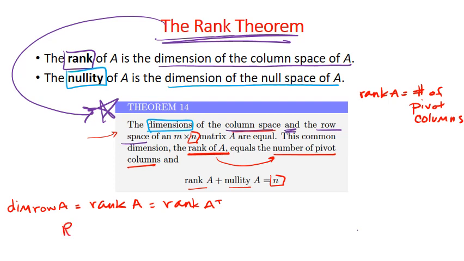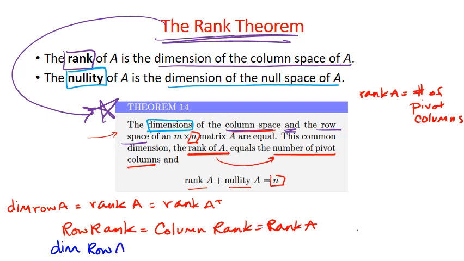So row rank is equal to the column rank is equal to rank A. In other words, the dimension of row A is equal to the dimension of column A is equal to rank A. Okay, so all of these things are the same. You are going to want to use this information in several homework questions, so keep that in mind.